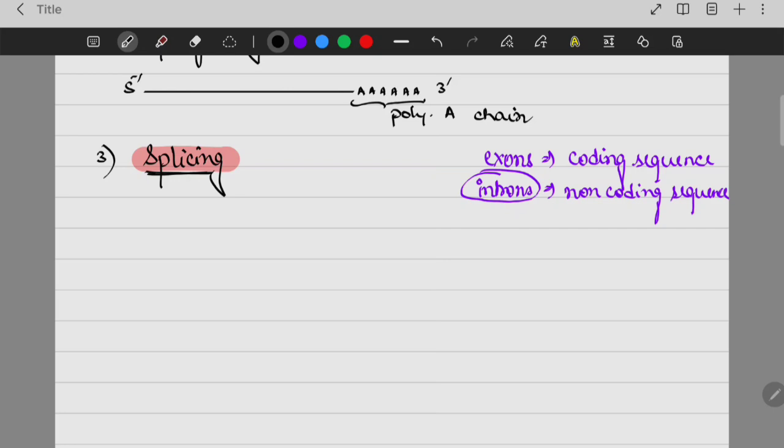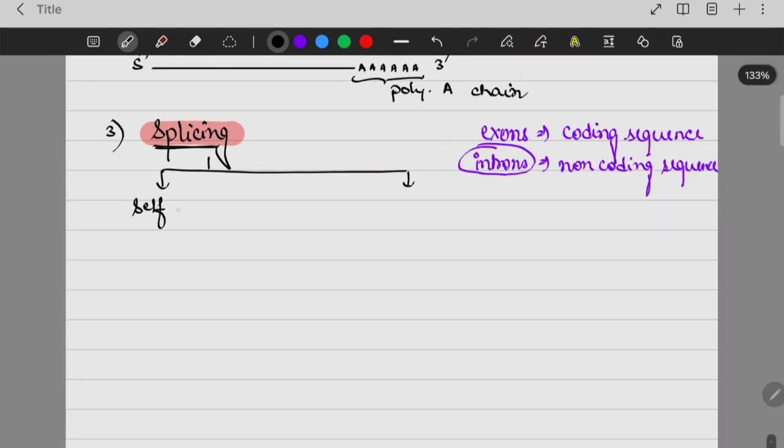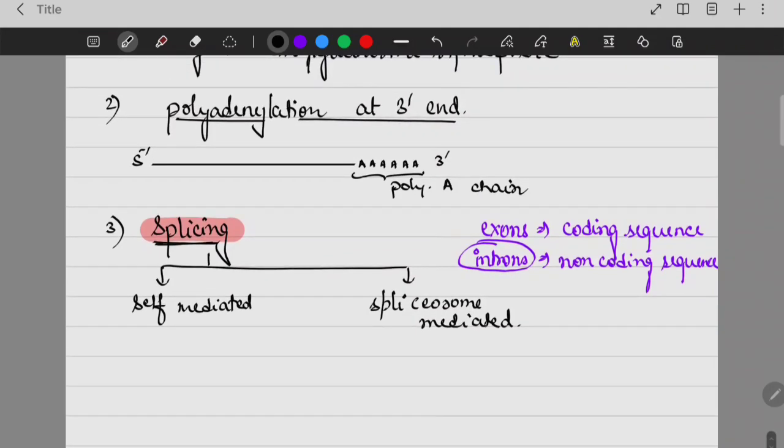So the splicing is done by two methods. One is self-mediated, meaning the mRNA is modifying itself for formation of the matured mRNA, and another one is spliceosome mediated. So these are the two methods. Now in the self method, there is no ATP required or no enzymatic action required.